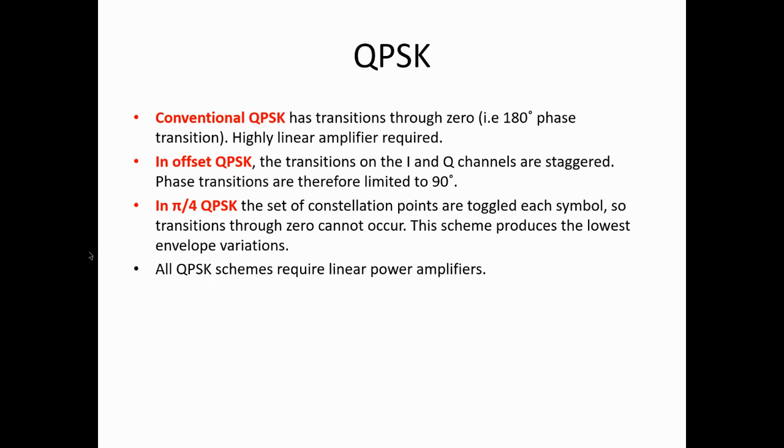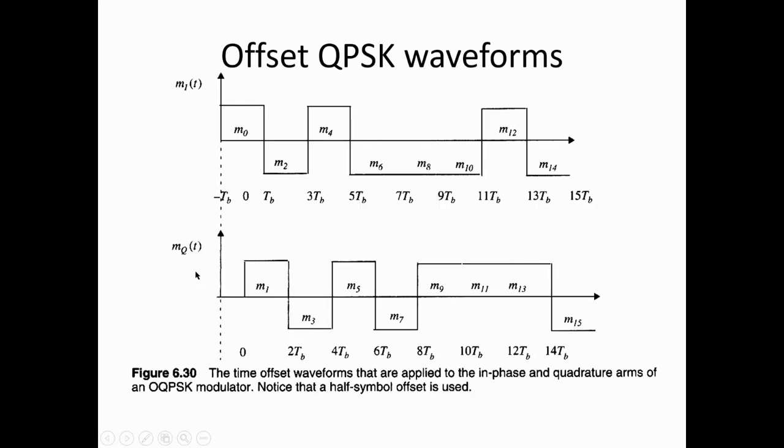In this lecture, we are going to concentrate on offset QPSK. In offset QPSK, the normal data is first divided into even bits and odd bits, an in phase component and a quadrature phase component.